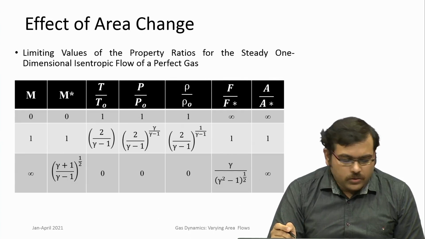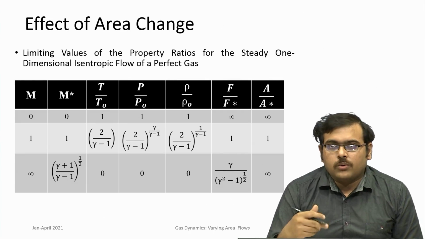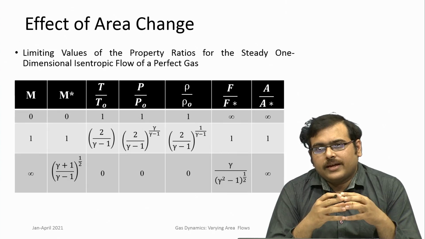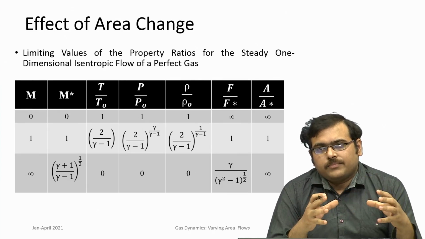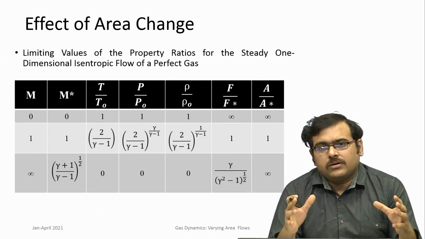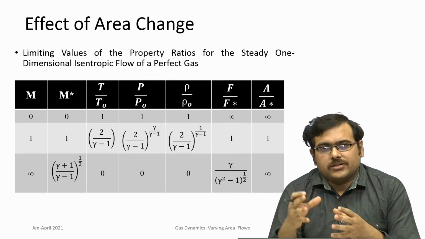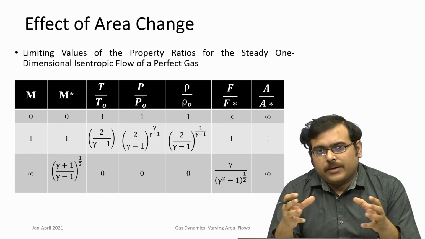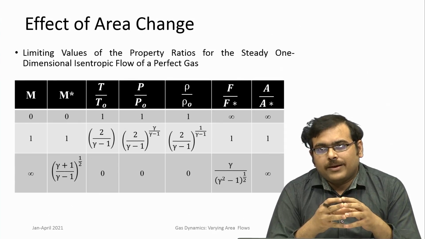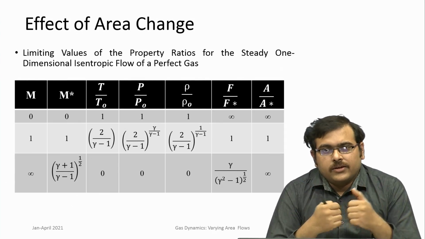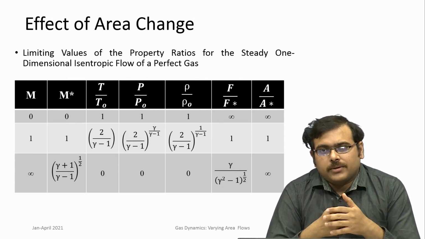Okay. So till now what we have been looking at is, there is an area change, what happens to velocity or Mach number when there is an area change, how do they behave. But will they actually behave in such a way? You have a certain area convergent, for example a convergent nozzle.